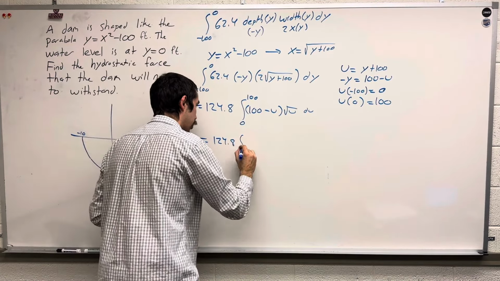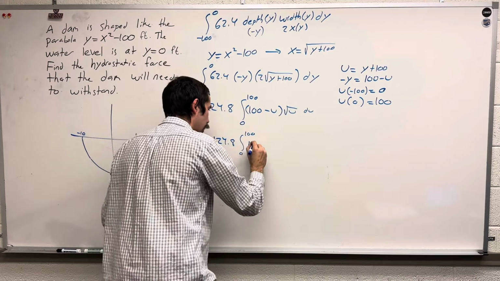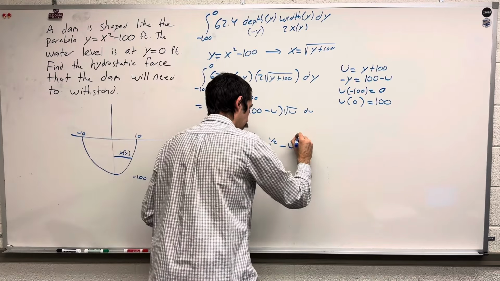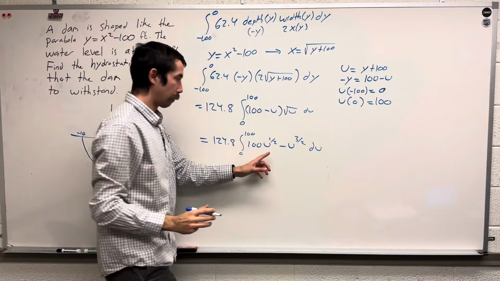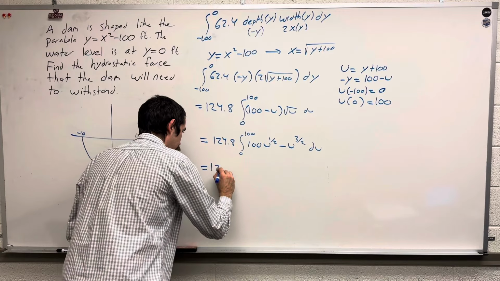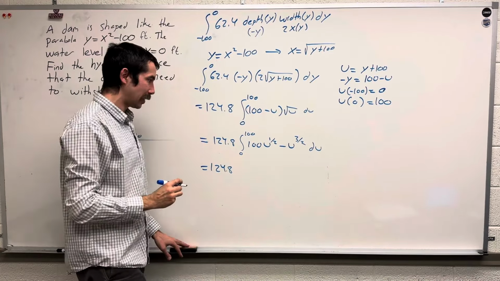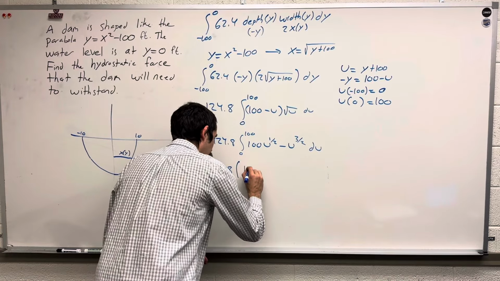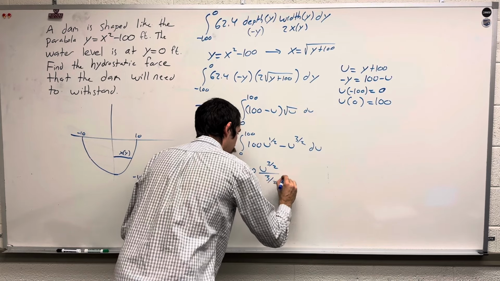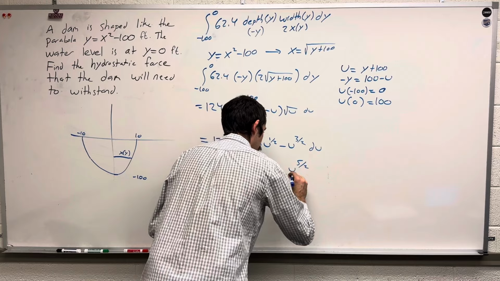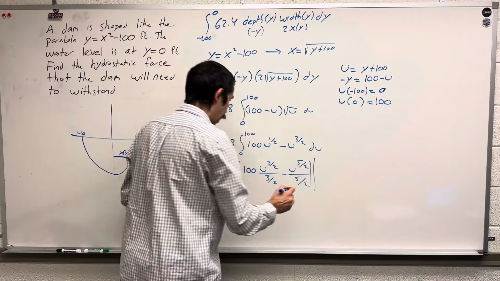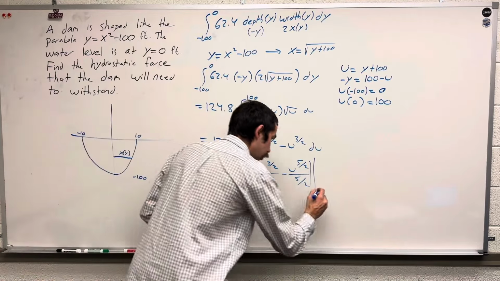All right, and so this is equal to 124.8 times the integral from 0 to 100 of 100 u to the 1/2 minus u to the 3/2. Increase the power by 1 and divide by the new power. We have 124.8 times 100 u to the 3 halves over 3 halves minus u to the 5 halves over 5 halves, evaluated at 0 and 100.